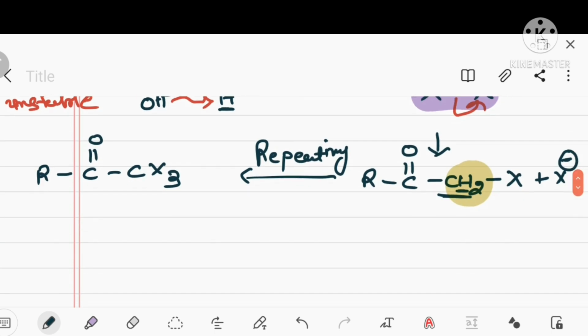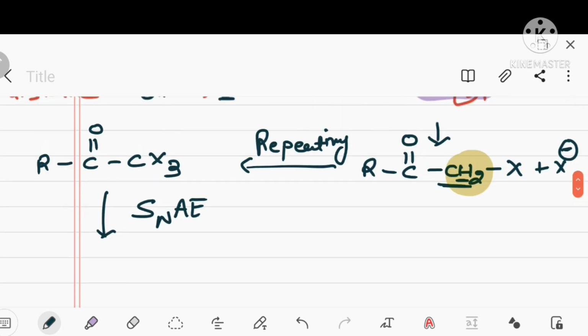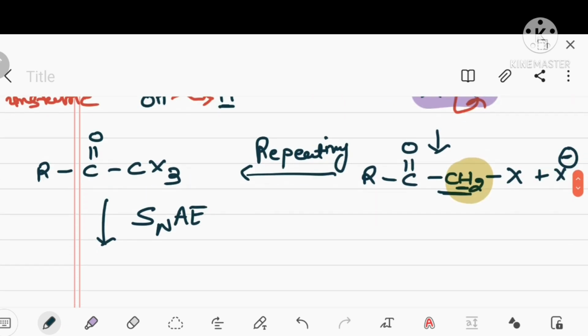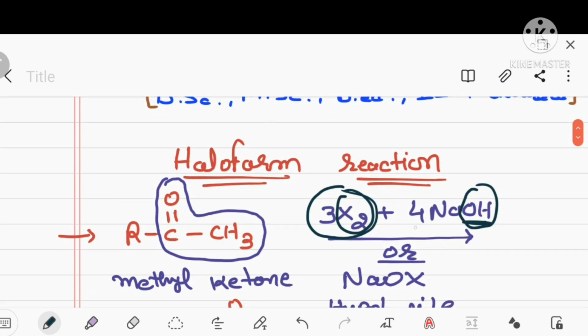another thing is most important: in the next step, an SNAE reaction is formed. I think all of you know the SN1 reaction and SN2 reaction, and this is another type of nucleophilic substitution reaction. So an SNA type reaction occurs. In this reaction, we know that we have already the remaining base, there are 4 moles of NaOH.